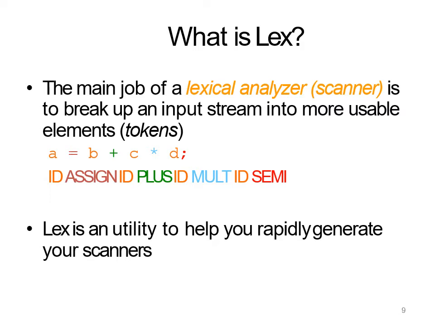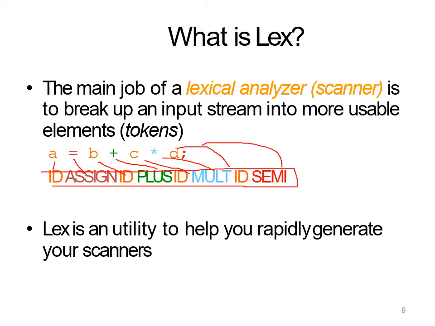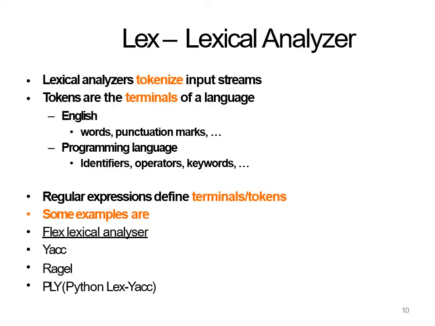Those elements are known as tokens, like a is equal to b plus c multiplication d. So this is an identifier, assign, identifier, plus, identifier, mult, identifier, semicolon. These are the tokens, and Lex is a utility to help you rapidly generate your scanners.